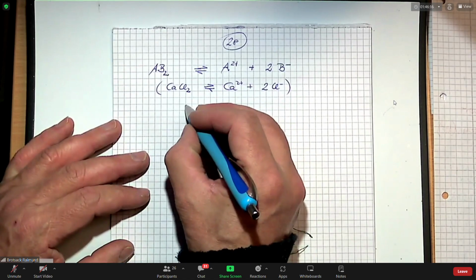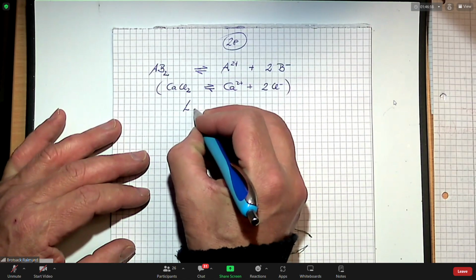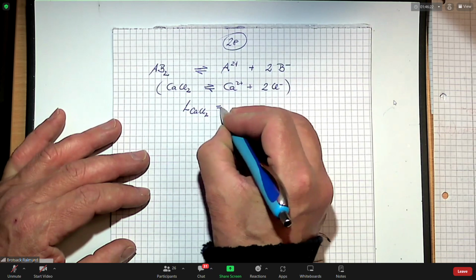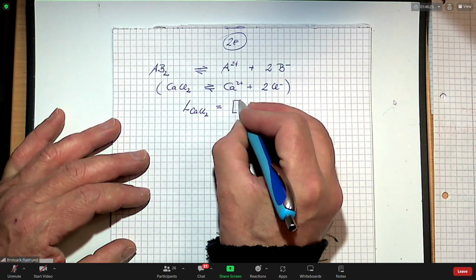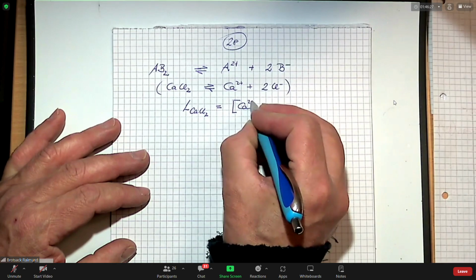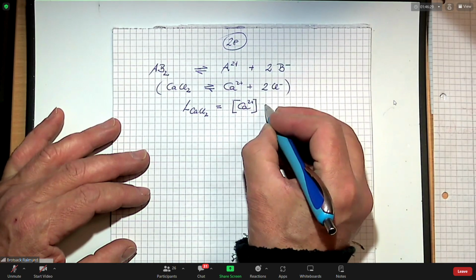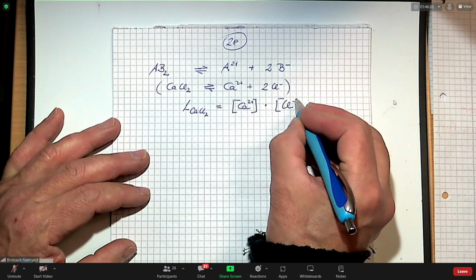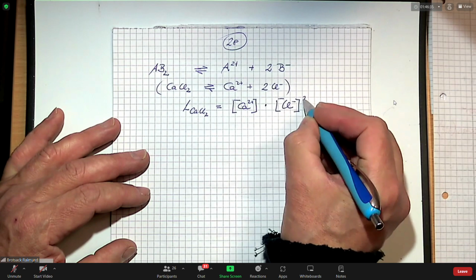The ionic product of this calcium chloride is now the concentration of the calcium 2 plus ions times the concentration of the Cl minus ions squared.